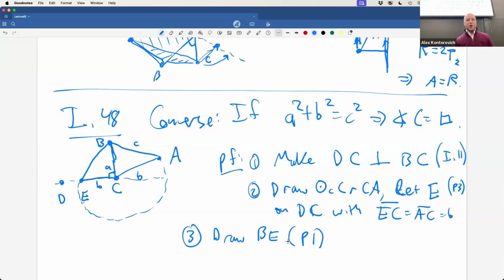Okay, and let's say BE is equal to d. So this length BE is some unknown length d. What does I-47 tell us? I-47 is about right triangles. BCE is a right triangle.